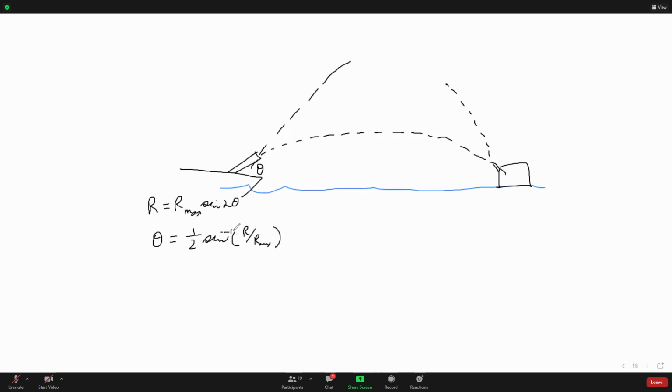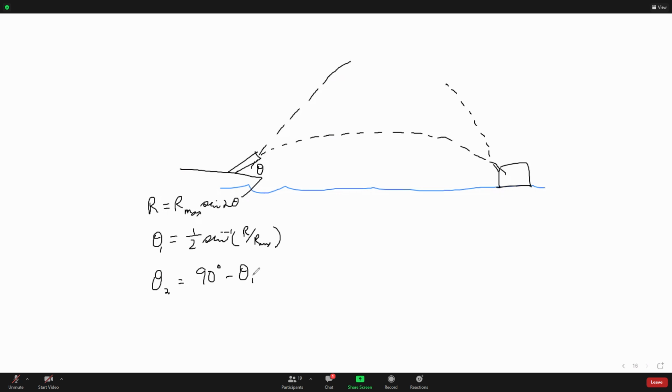Call that theta 1. The other angle, theta 2, is 90 degrees minus theta 1.